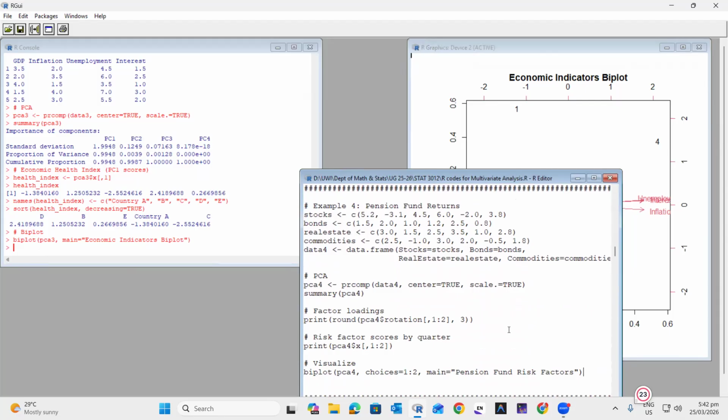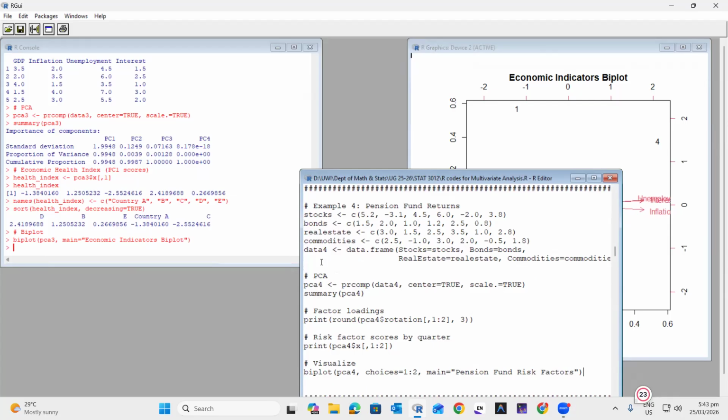So in this one, pension fund returns, we have basically the stocks as one variable, and we store the values of the stocks as a vector given here, 5.2, minus 3.1 and so on, and the bonds here are also stored in a vector, and real estate and commodities, all four variables we store in vectors, and after that we are going to combine all of them in the data frame.